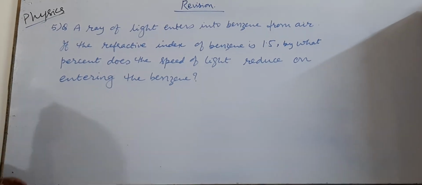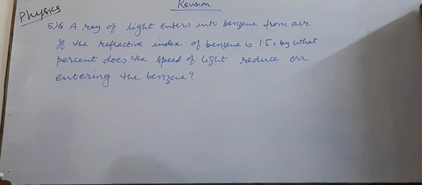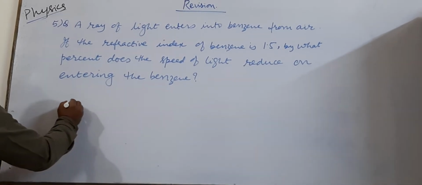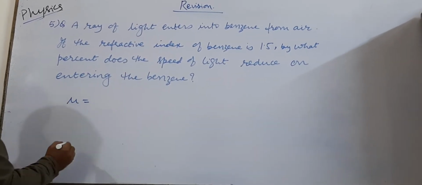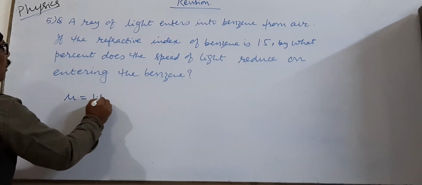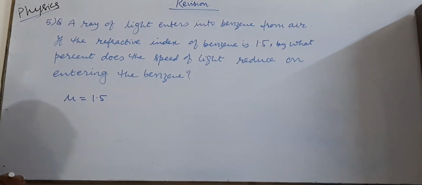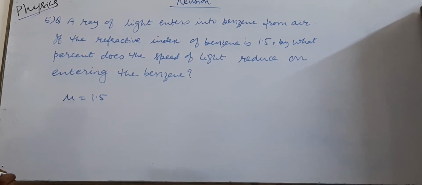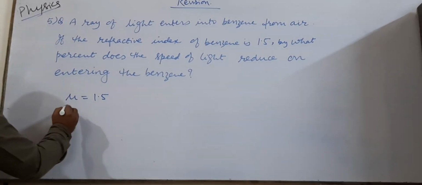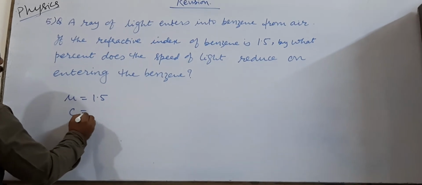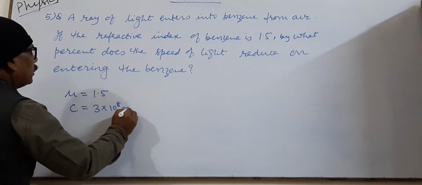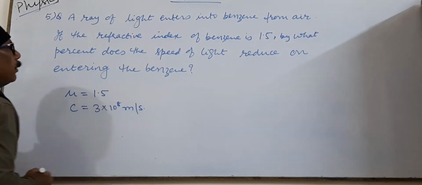Now, see the next question given here. Here the refractive index mu of benzene is given 1.5, and you know that velocity of light in air, C, is 3 into 10 to the power 8 meter per second.